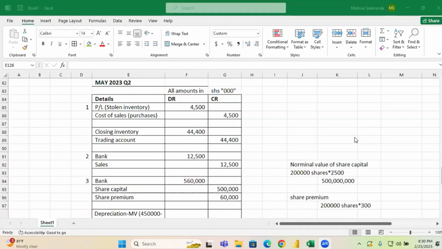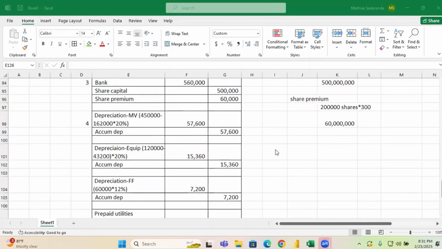Assuming that these dividends that we are delayed to a certain date.